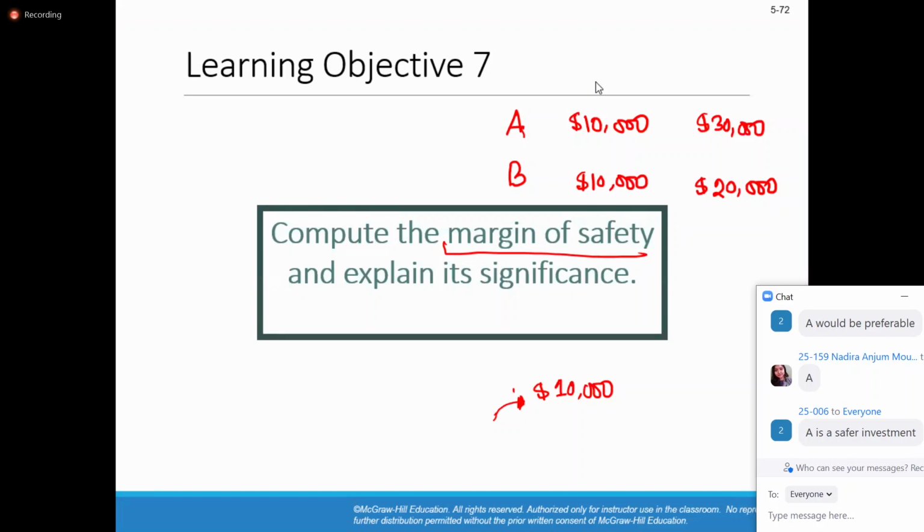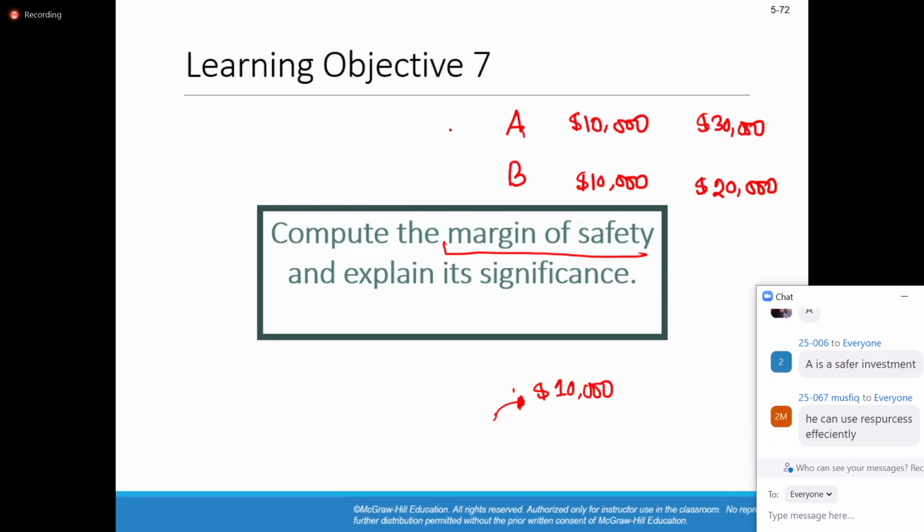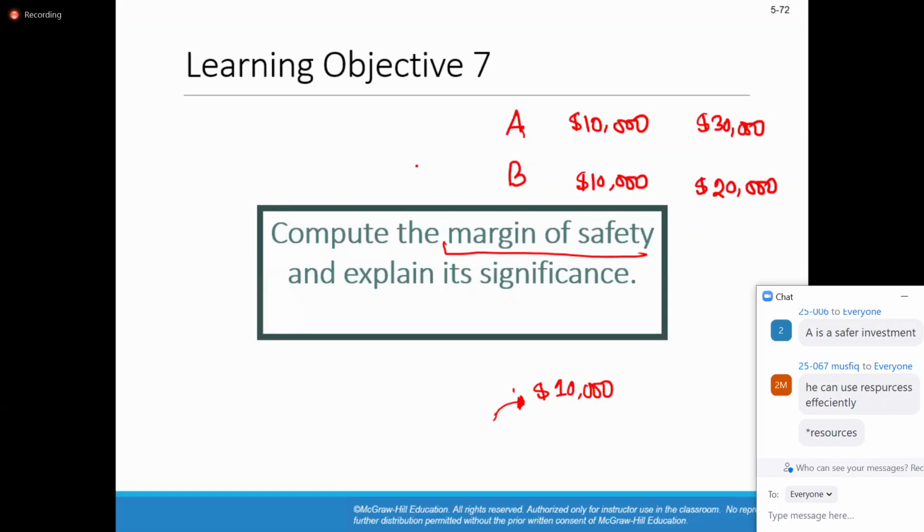A is a safer investment. You are in the right direction. What I was expecting is that if some uncertainties arise in the industry in which A and B belong, A will be in a safer position, because A has sales which are at least 2 times the break-even sales, whereas B's sales are only 1 times greater than the break-even sales.